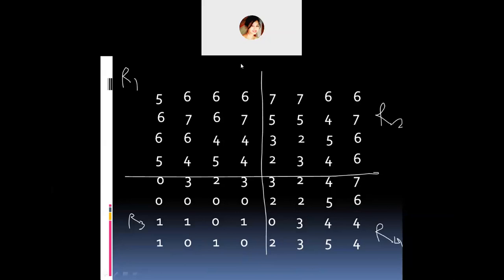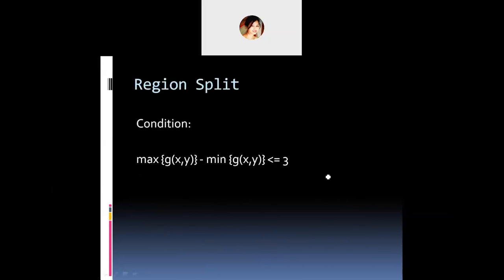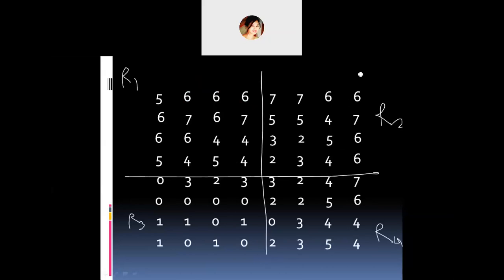Then you have to check the maximum and the minimum frequency. So 7 minus 5 is 2, considered. Then 7 minus 2 is 5. Because it is not satisfying this condition, we have to split it. So we split it again into 4 quadrants, and again from here you have to check the maximum and the minimum frequency.